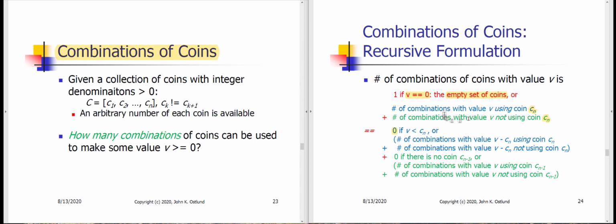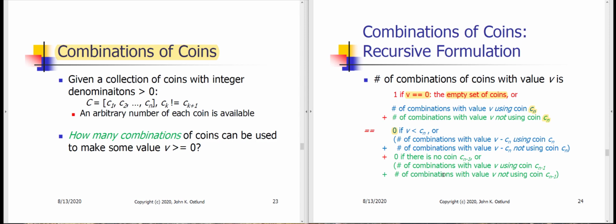All right, so we're basically just applying this same sum again down here, but this time with a reduced value, where we're subtracting one copy of the coin Cn from the value. All right, so that blue sum there, with this or thrown in here, that's the number of combinations that do use the coin Cn.